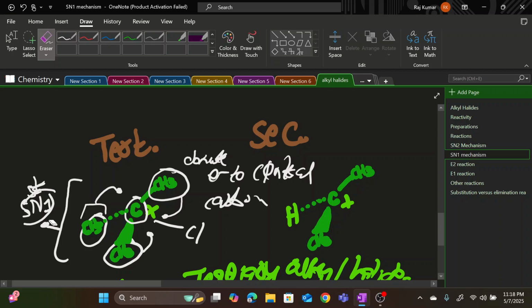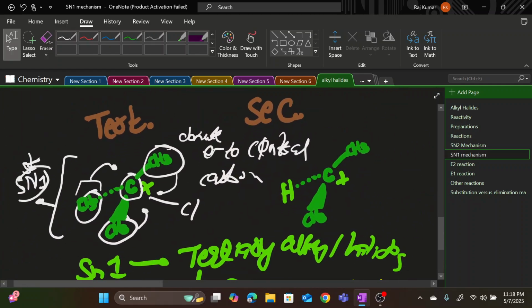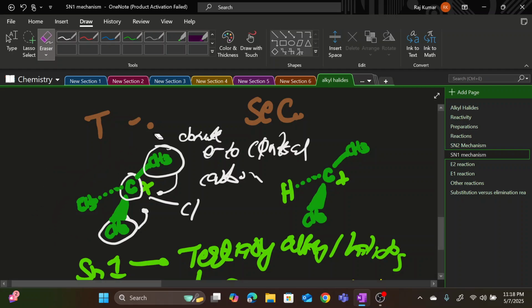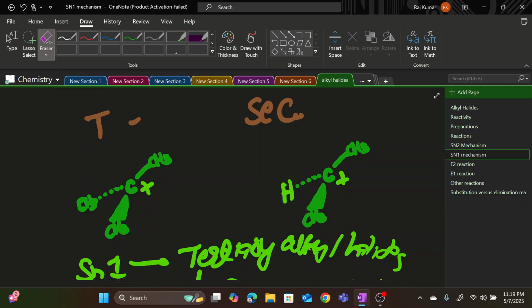The second point that I really want you to understand is the stability of the tertiary carbocation. If you look into the tertiary carbocation, it is a stable molecule. Why do we call it a stable molecule?